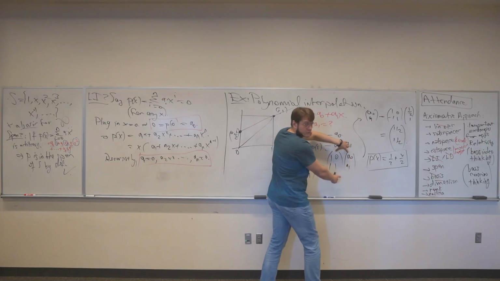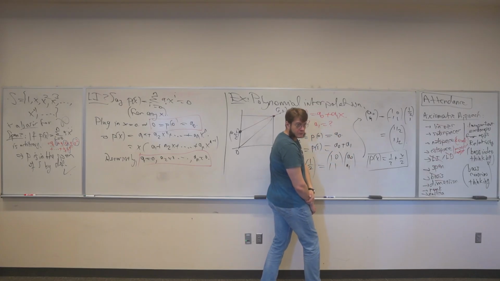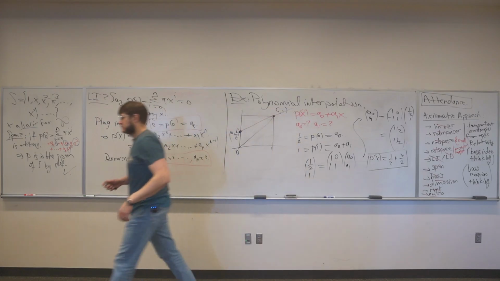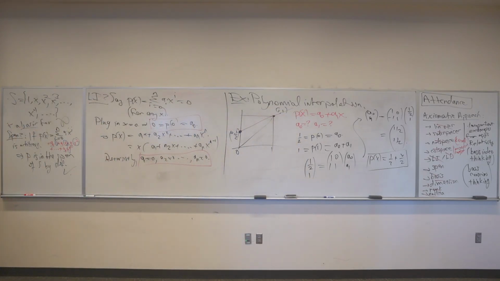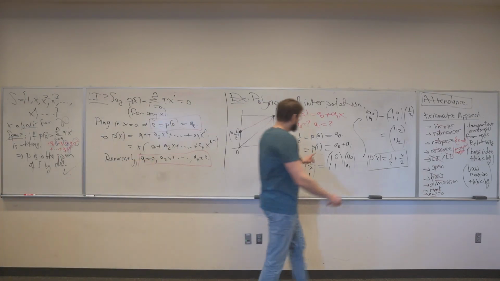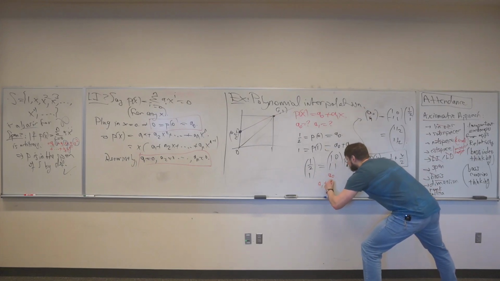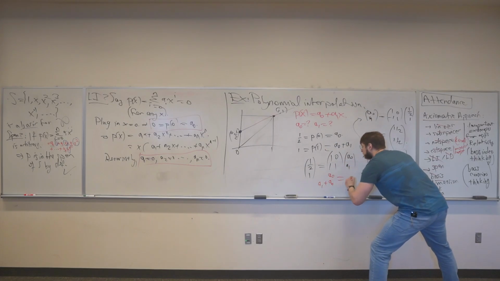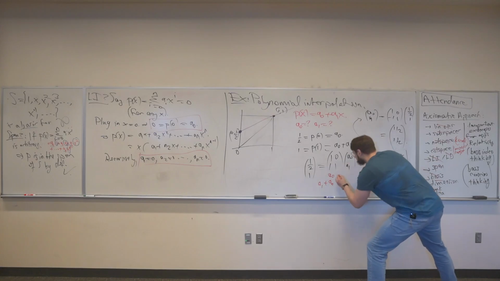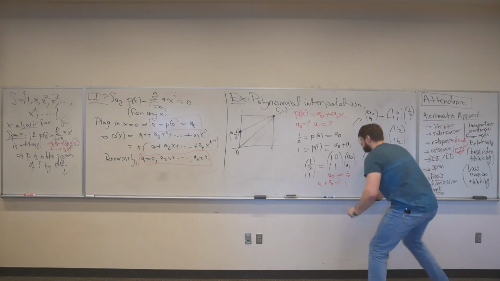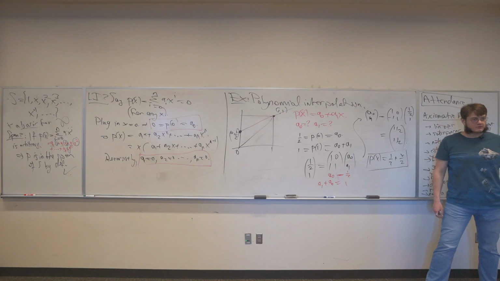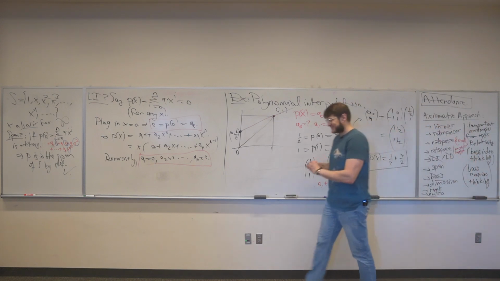And then how did you get the 1, 0, 1, 1? Okay, write these on the other side. Okay, I see. Yeah.